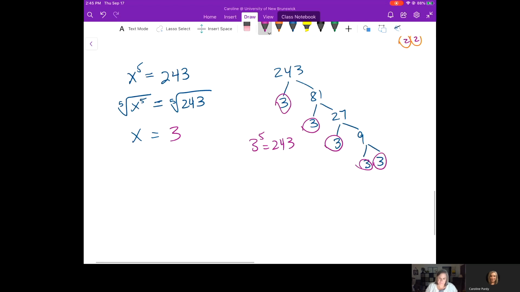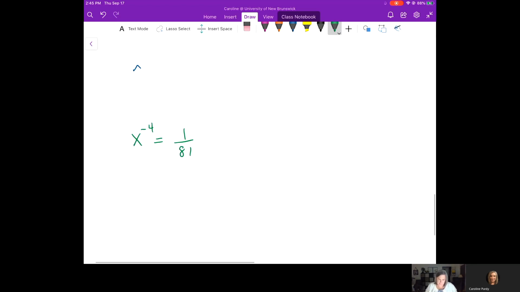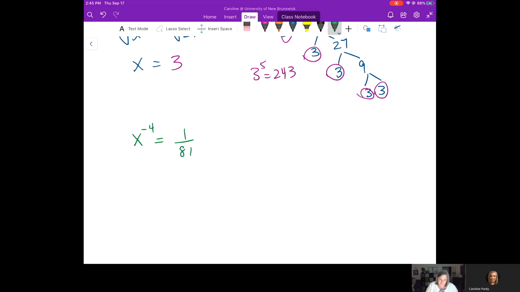Okay. And I think that you could probably manipulate anything. Let's put a negative exponent. Let's say we have x to the negative 4 is equal to 1 over 81. So it has a negative exponent, so let's make it into a fraction. And then let's cross multiply.